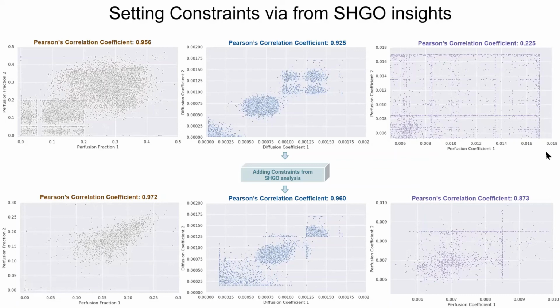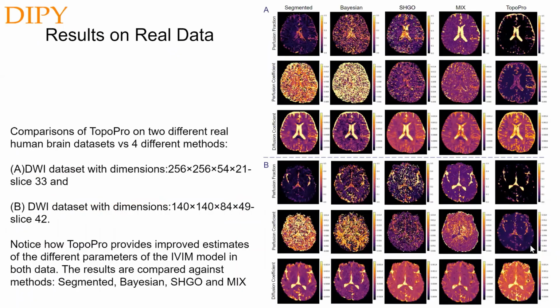So for D star, where the value of the Pearson's correlation was around 0.225, it goes to 0.87. This is a test-retest analysis where you have two sets, both from the same patient, and the test-retest reliability increases, is what I'm trying to say. Okay, now let's take a look at real data.